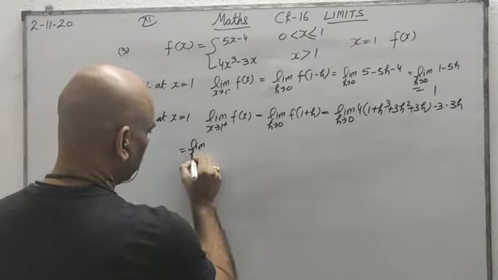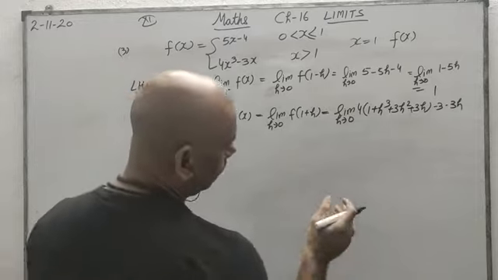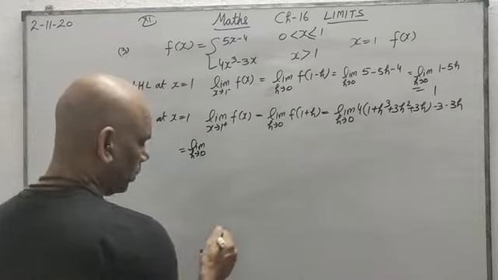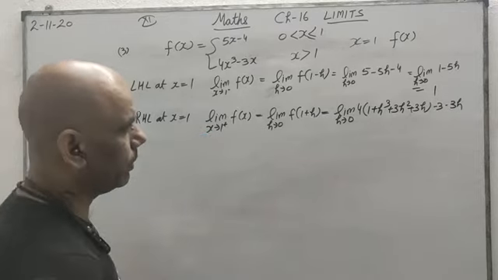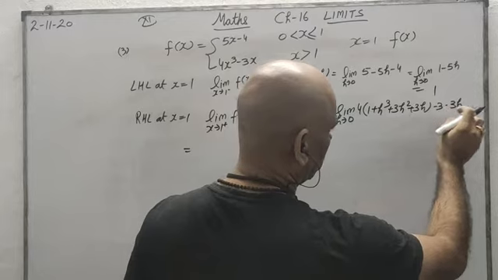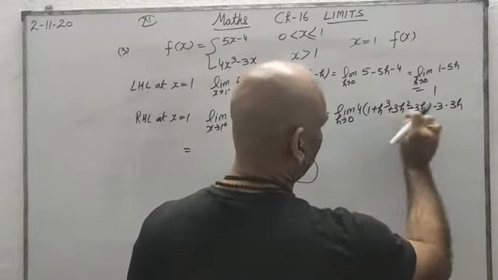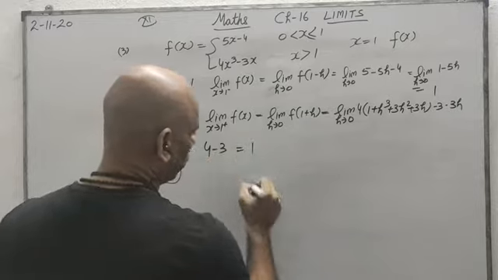Limit h tends to 0. Or you will not multiply, then also it will go. Then what will happen? Wheresoever it is h, that will be 0. So this will be 0, this will be 0, this will be 0, as well as this will be 0. The only thing left is 4 minus 3, that is 1.